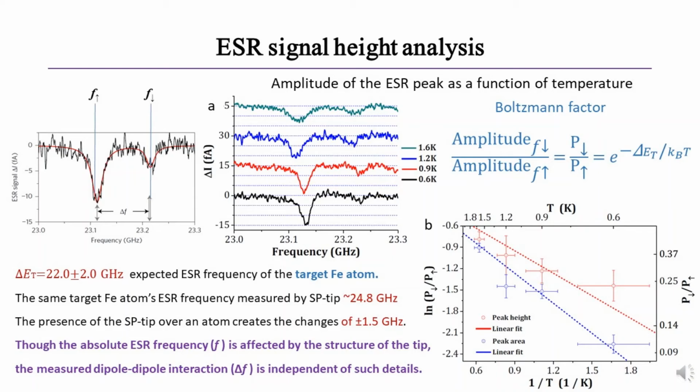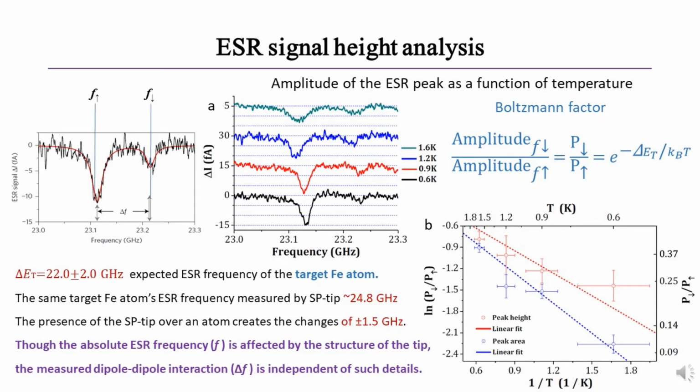So we can see that even though the absolute ESR frequency F is affected strongly by the structure of the tip, at about 1.5 gigahertz, the measured dipole-dipole interaction, delta F, is still independent of such details, which again proves the conclusion above.